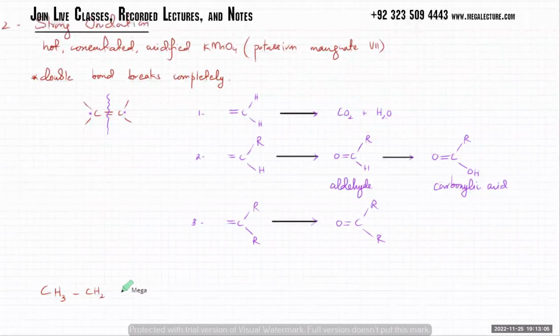Okay, you've got CH2 and let's say I've got a carbon and I've got a CH3 branch. This carbon has a double bond. So let's say I have this molecule.